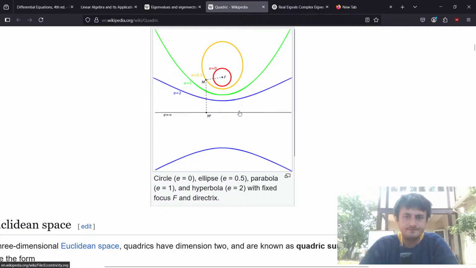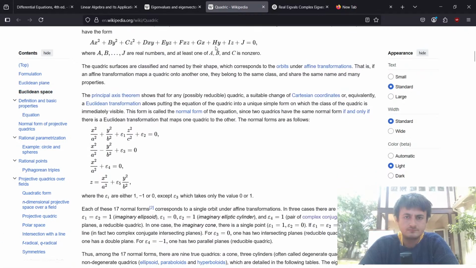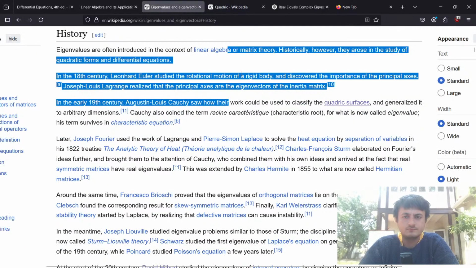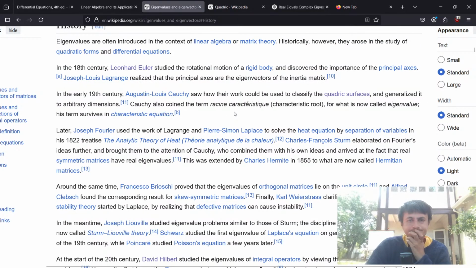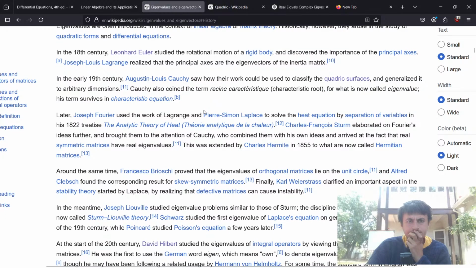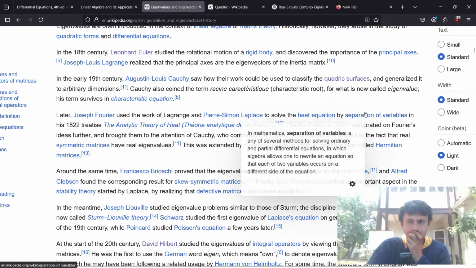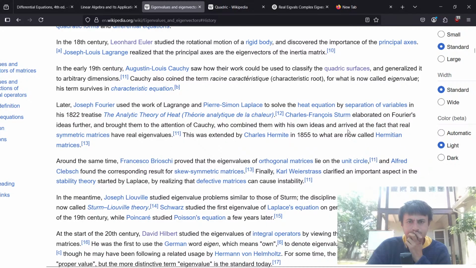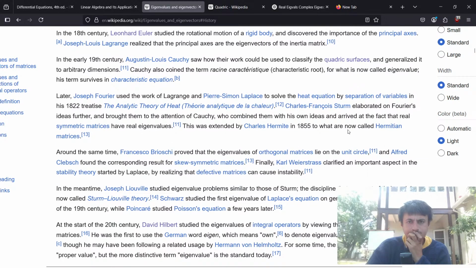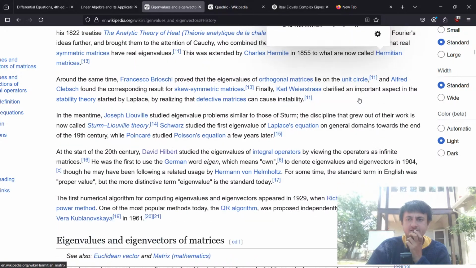That is so cool, man. Wow, the picture doesn't even show up.